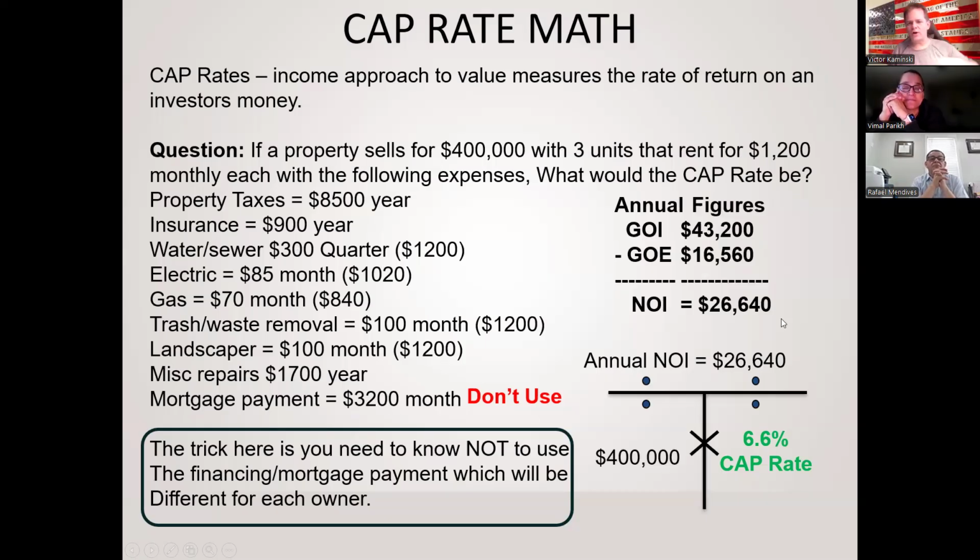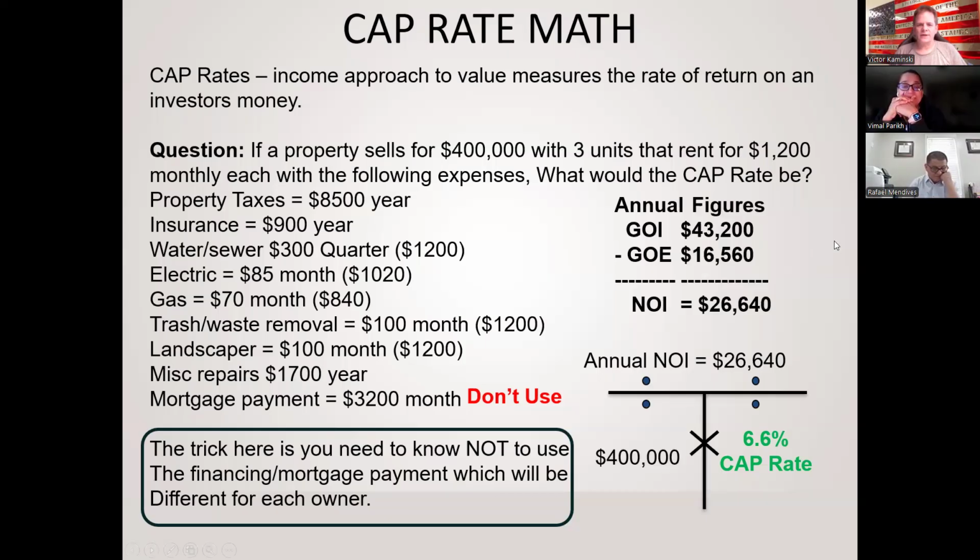Now, if you're the owner and you're not selling the property and you just want to know what your true return on your investment is, you could calculate that in. But when trying to sell the property, we do not calculate the mortgage payments, because people pay different prices and have different mortgage amounts. It'll be different for everybody. So you don't calculate that into the cap rate.